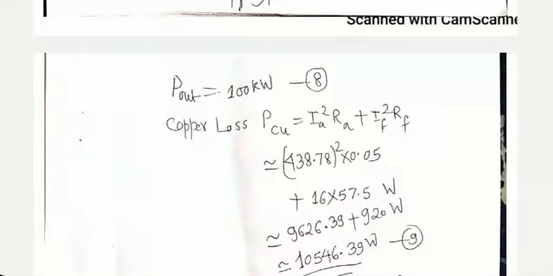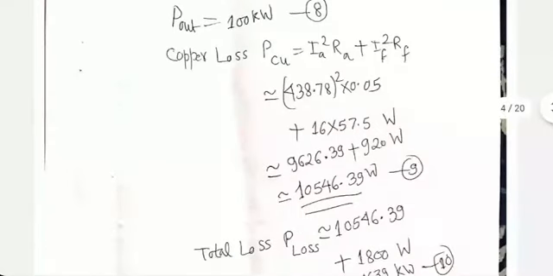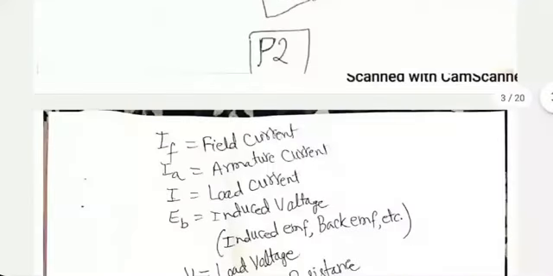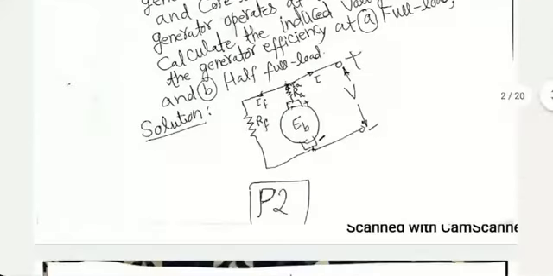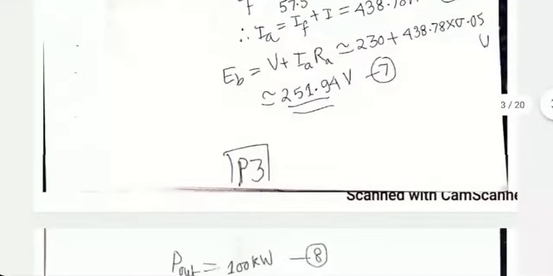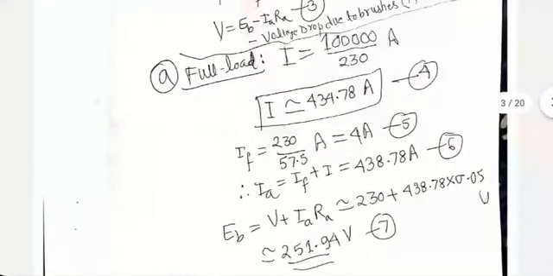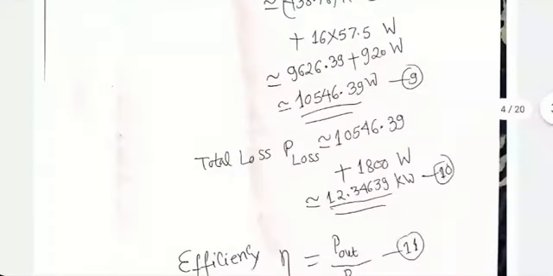The total copper loss turns out to be 10546.39 watt. Now to that, you add the core loss and mechanical loss, which is given to you, which is 1800 watt. And that gives you the total loss, which is around 12.346 kilowatt.